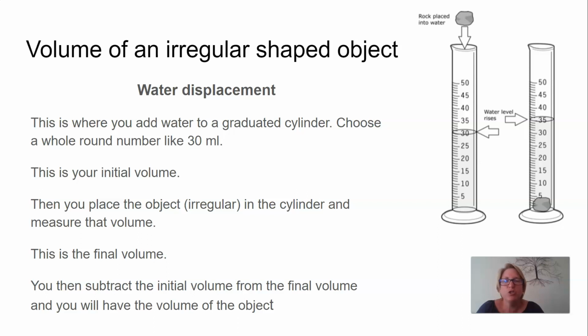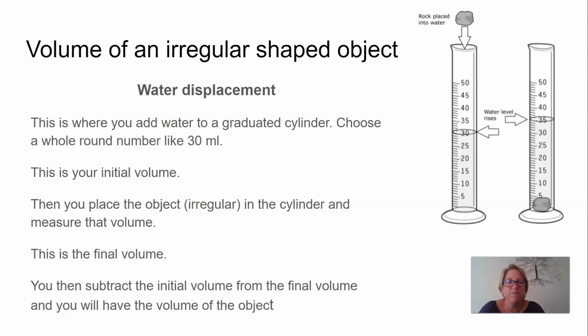Okay, then you place your irregular object. So in this case, your rock, our goldy, shiny yellow rock, you're going to place it in the cylinder. And that is going to cause the level of water to rise. So if we have a look here, our initial volume is 30. Once we've put the substance in and we read carefully, we now have a volume of 35 mils.